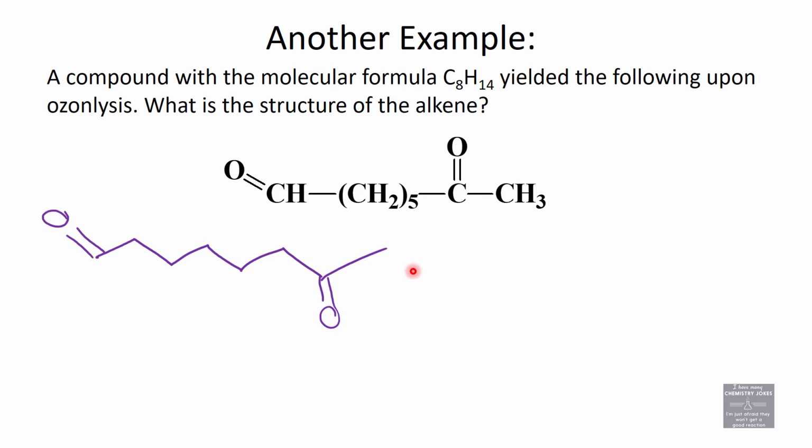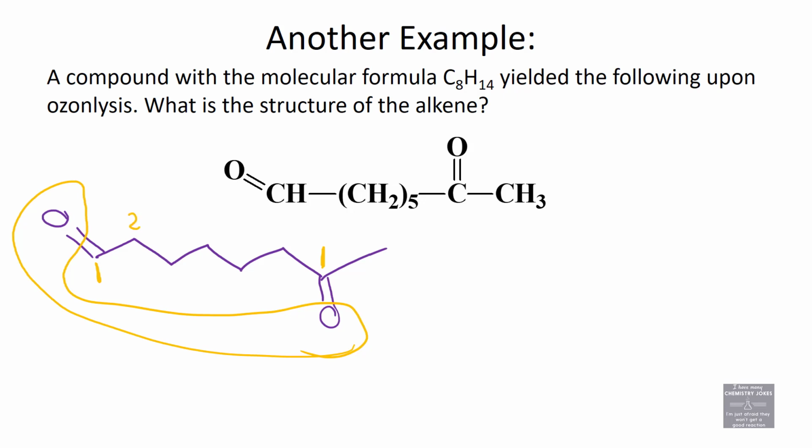All right, we've already got all of our C's and H's represented. So what used to have been connected was these oxygens got squeezed between my alkene. So this carbon and that carbon must have used to have been connected before I ozonolyzed it. I'm going to number these carbons just so that I can keep track of things a bit better.